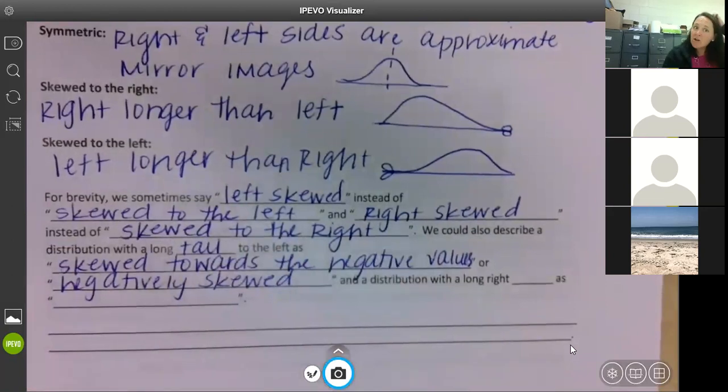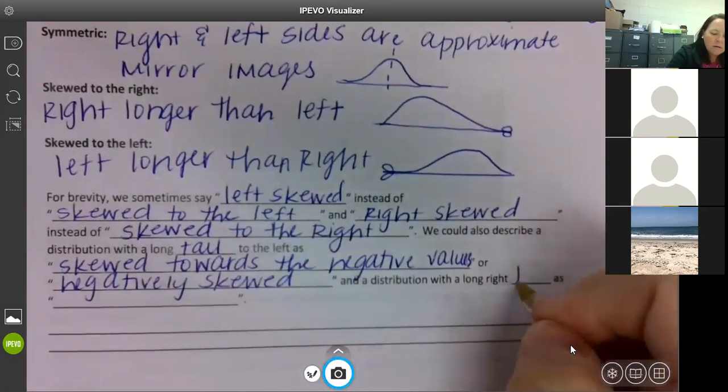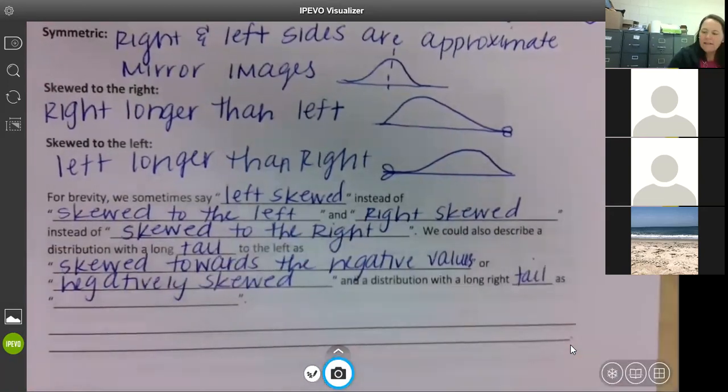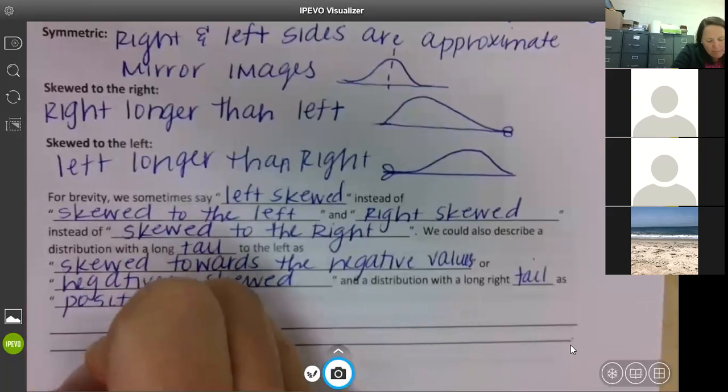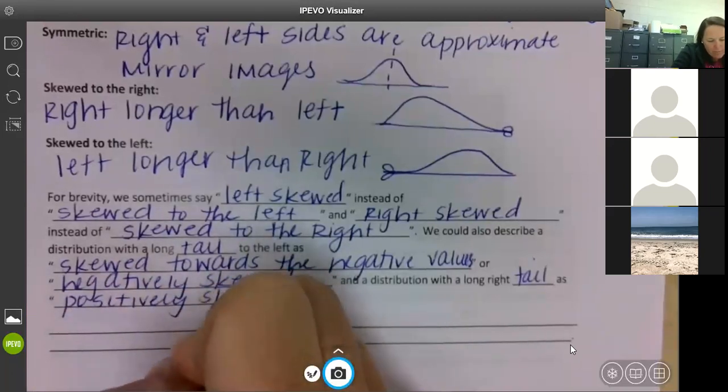Again, I don't use that terminology, but if you see it that way, that's fine. If it has a right tail, it would be positively skewed.